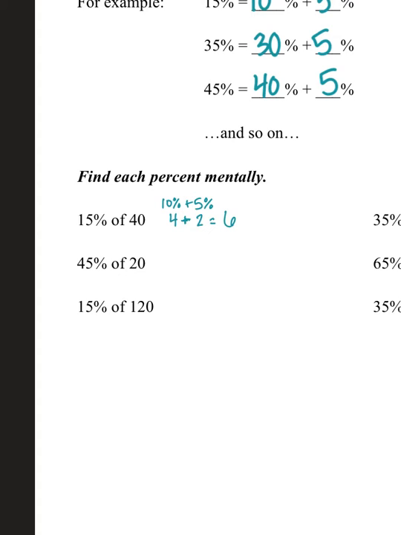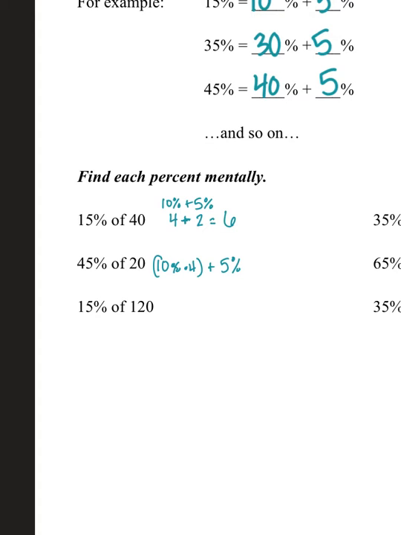Okay, this next one, 40% of 20. Well, 40%, that's 10% times 4, right? Plus, I'll have my 5%. Okay, it's okay if you're not getting this, but I just want to show this to you.